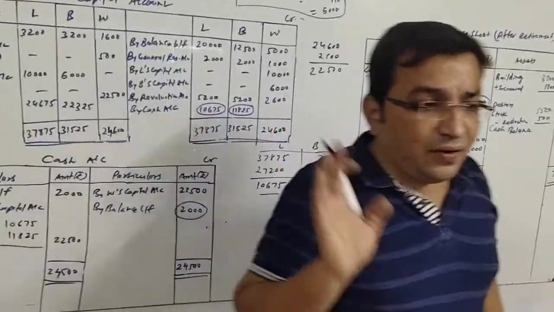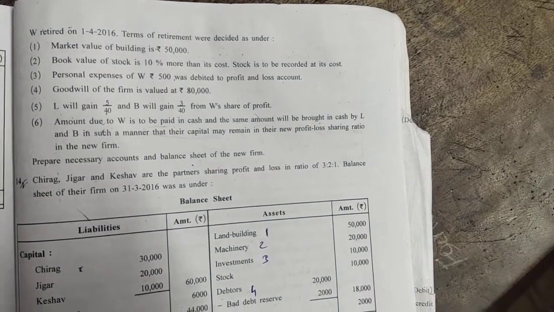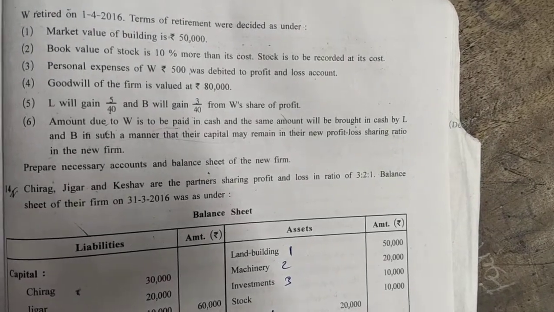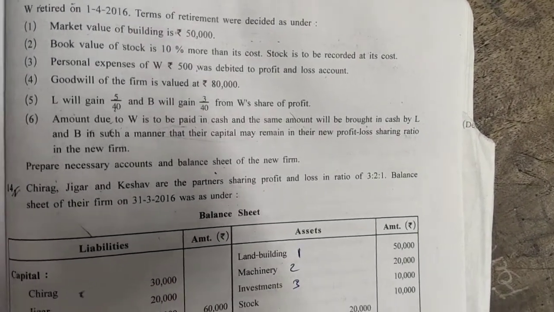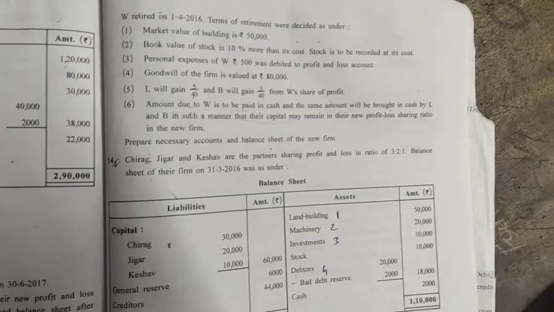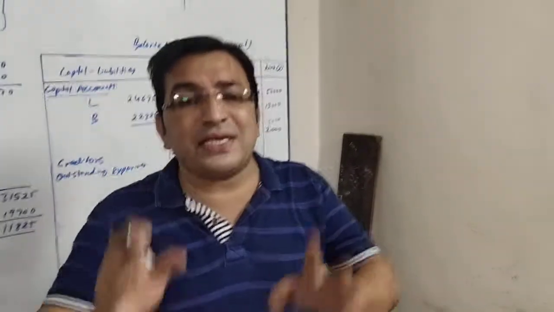Okay friends. Now next adjustment, goodwill of the firm is valued at rupees 80,000, and the fifth adjustment says L will gain 5 by 40 and B will gain 3 by 40 of W's share of profit. Here the firm's goodwill is given and the gain share of the continuing partners is given.